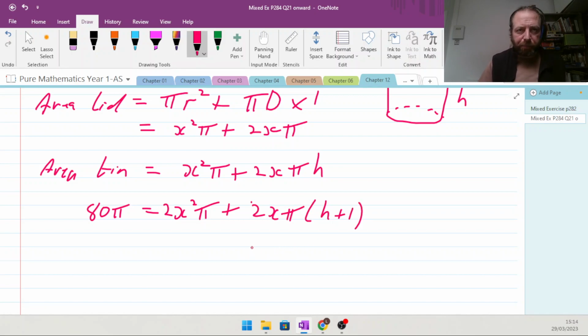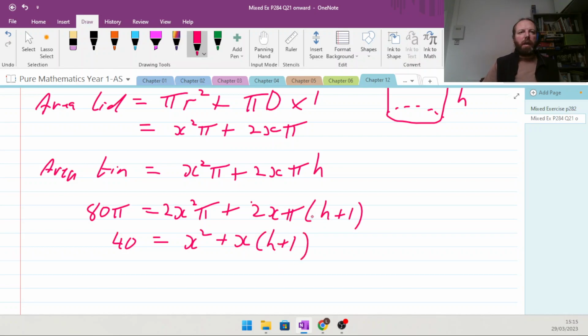Okay, let's get rid of the pi's. Let's make that into 40. So 40 equals x squared. The pi's are gone, the 2 is gone, plus x (h plus 1).